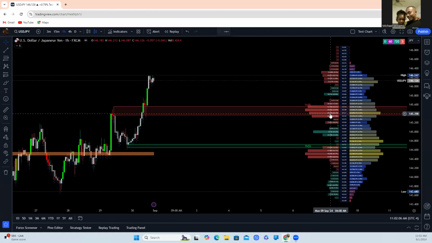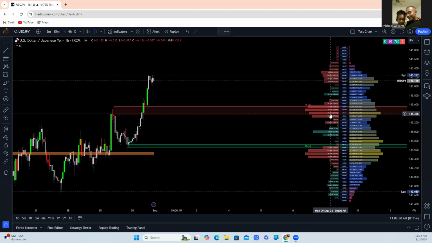It's the areas where you stop to fuel up that you're gathering the most gas. It's the same thing with price. Those areas where we stop along the journey, we're accumulating the most volume to move the market in the desired direction. That is the part that volume plays in our trade setup.